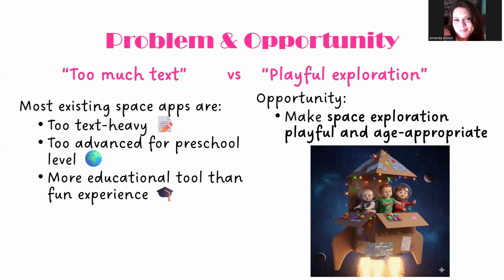Color scheme: background dark navy, space black with twinkling stars. Planets will be bright, bold colors, yellow sun, red Mars, blue Earth. And the buttons will be large, rounded, and high contrast, like orange, green, blue, pink.